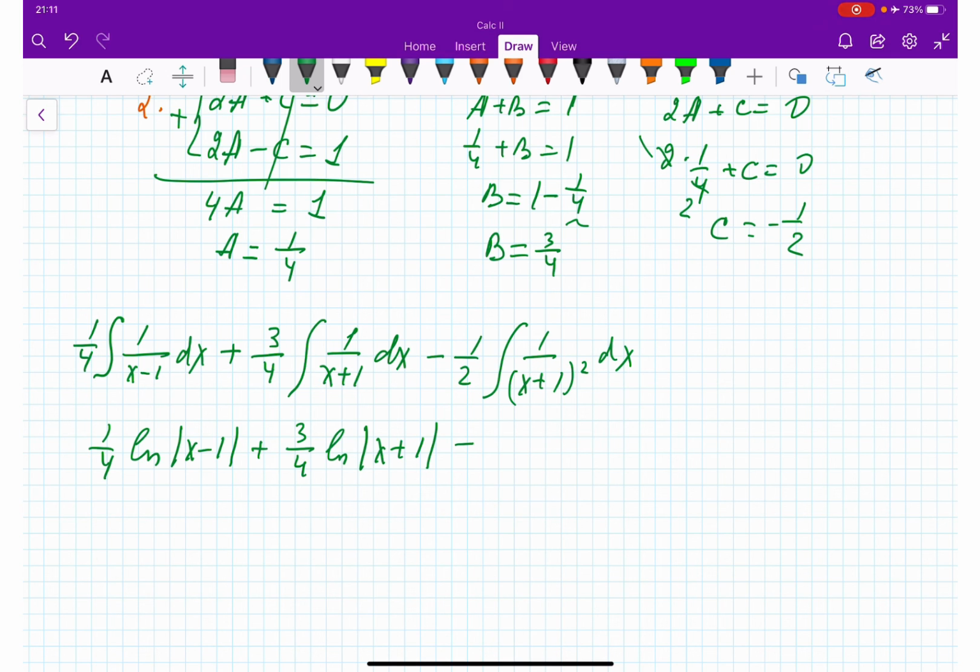If I use substitution, I will get 1 over 2 times (x plus 1). If we go through substitution, and plus our constant C.